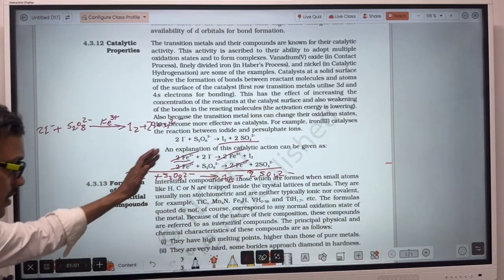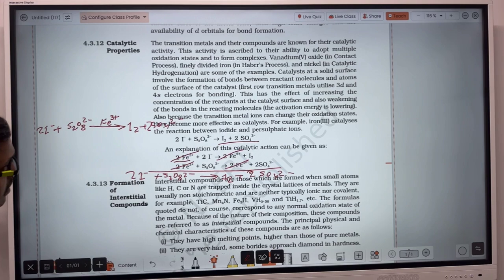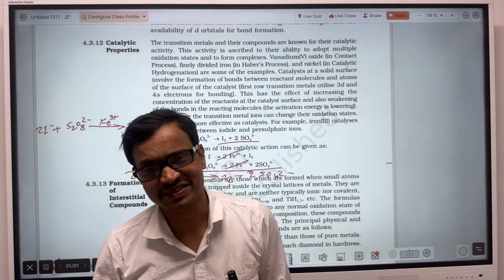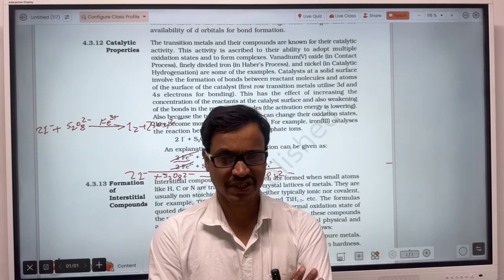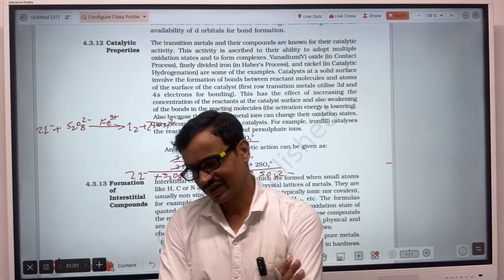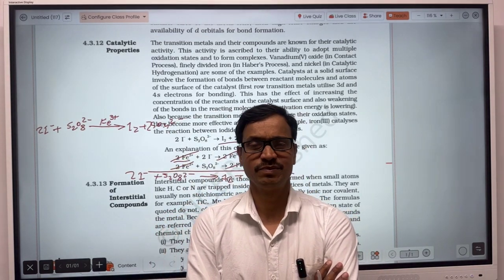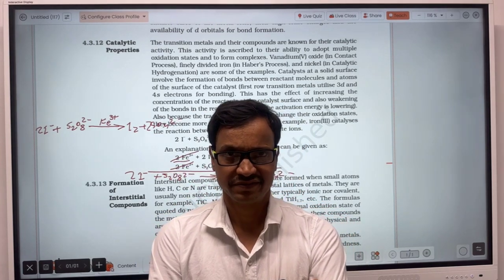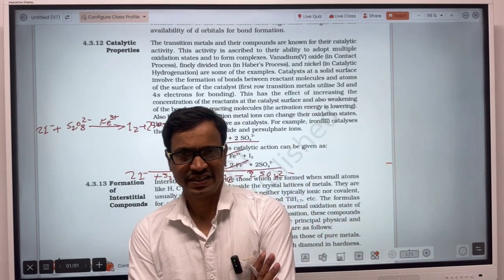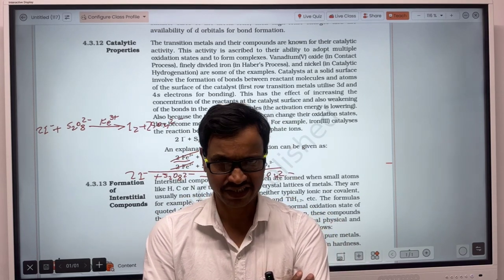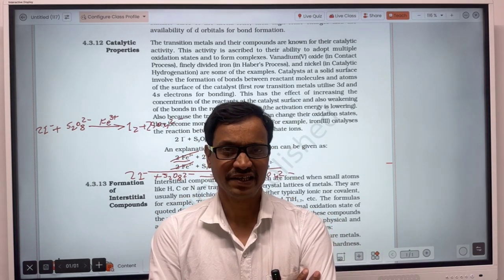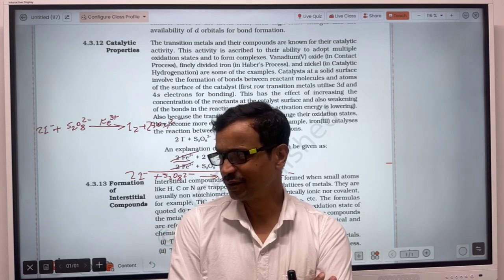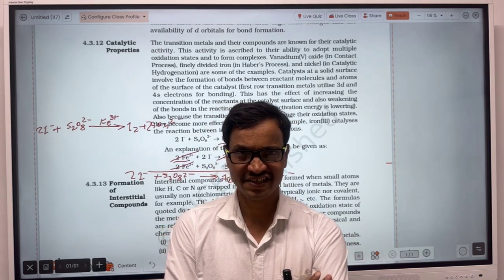So here, this was the overall reaction. In the examination, a question will ask why d block elements show catalytic behavior. So you will have to write: since d block elements contain incomplete d orbitals, they can form temporary bonds with a reactant, and during that course the activation energy will decrease. Therefore the rate of reaction increases.